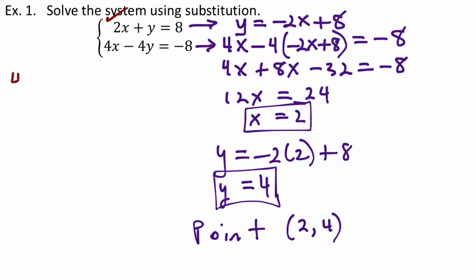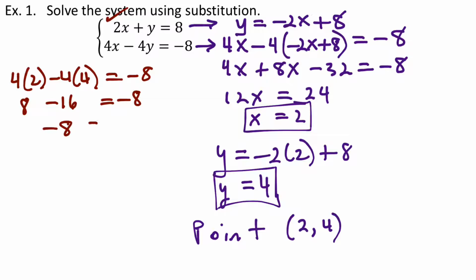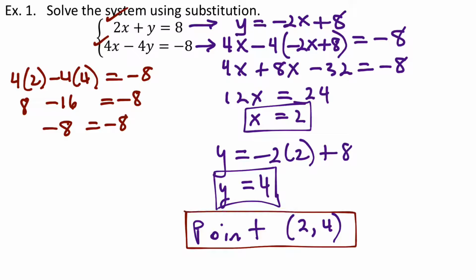So I've got 4 times 2 minus 4 times 4, we believe should be negative 8. So this is 8 minus 16. So this is negative 8 is equal to negative 8. So we verified that the point (2, 4) satisfies both equations. So we've solved this system of equations.